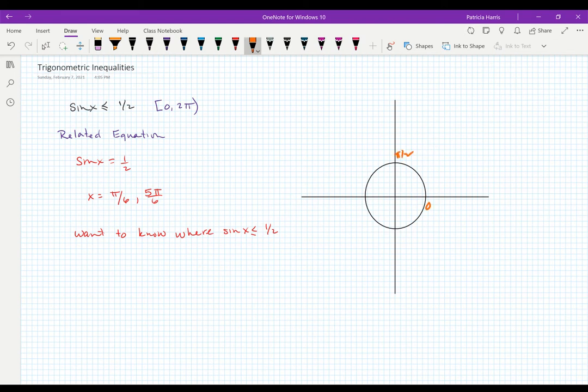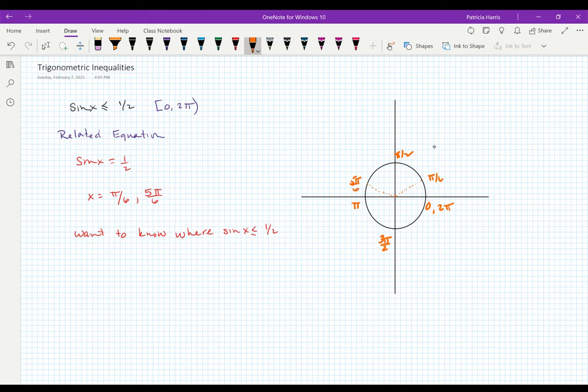This is pi over 2. Pi, 3 pi over 2. And if we go all the way back around, 2 pi. So this right here is pi over 6. This right here is 5 pi over 6.